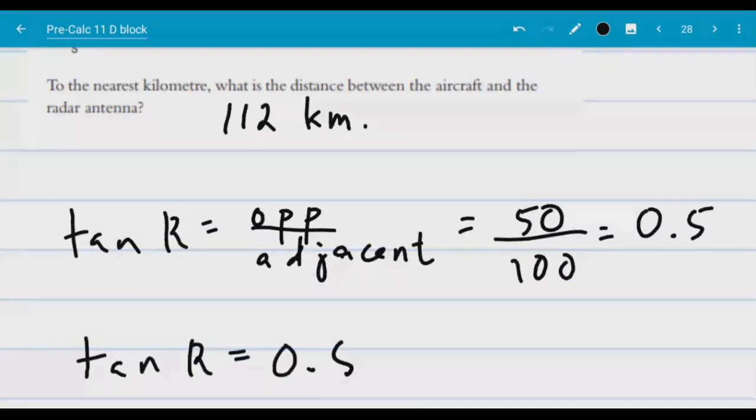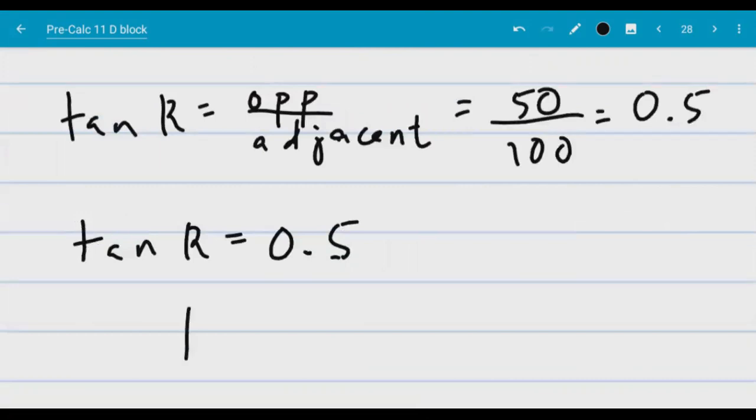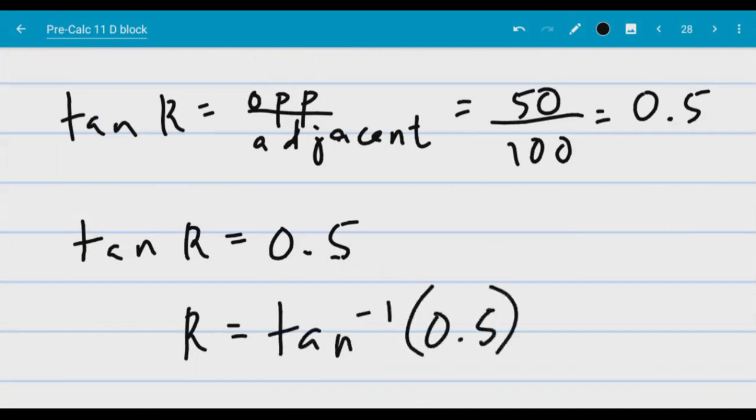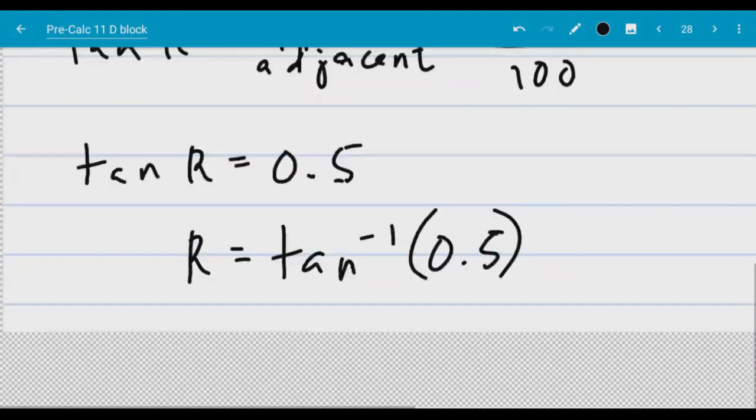Now, guys, remember, what we are looking for is the angle between the tracking ray and due east. This value here is the tangent ratio. That is not the angle. To get the angle, if you remember Math 10, that would be to do the tangent inverse of 0.5. So once again, I need you to make sure that you can recall how to do all of these using your calculator.